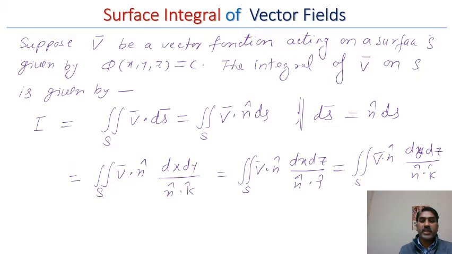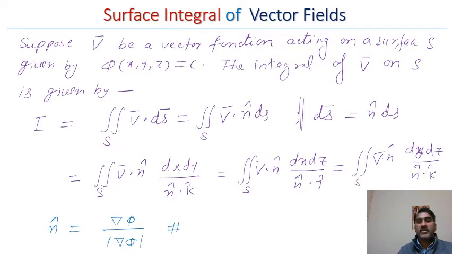So we will integrate by using one of the three forms. The only thing that remains here is how do you find n? You already know how to find the unit normal on a given surface, because the surface is denoted by phi x y z. So the unit normal n is the gradient of phi divided by the magnitude of the gradient of phi.